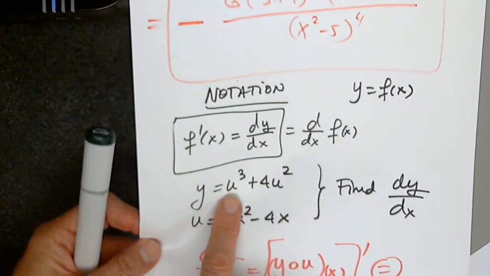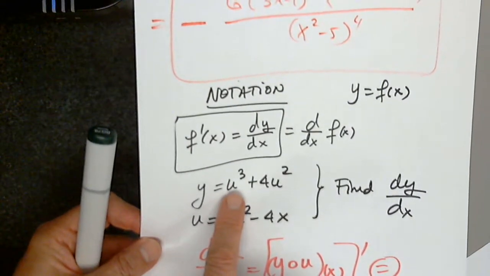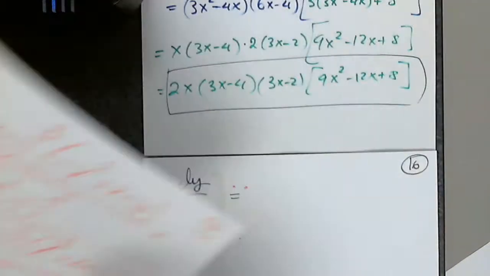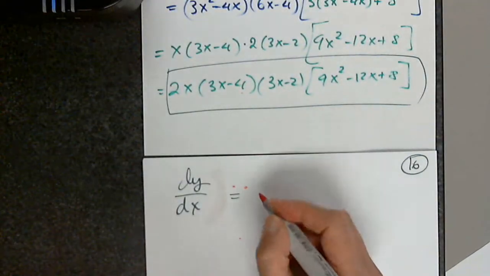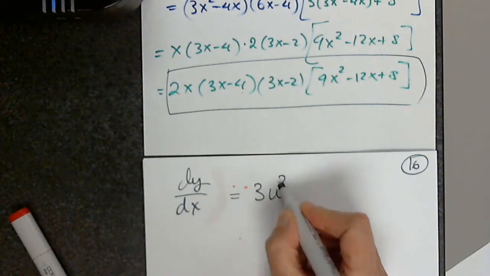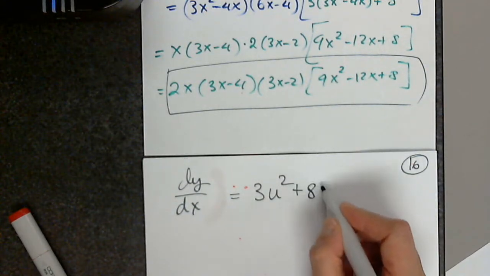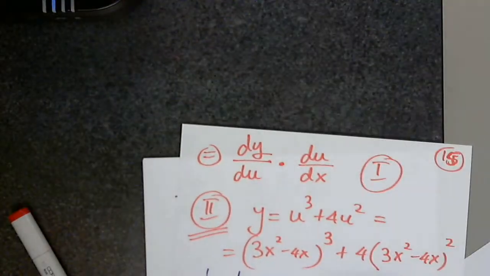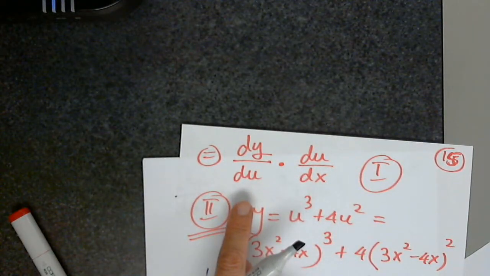3u squared plus, very good, 8u. So 3u squared plus 8u times, so this is dy differentiated with respect to u.